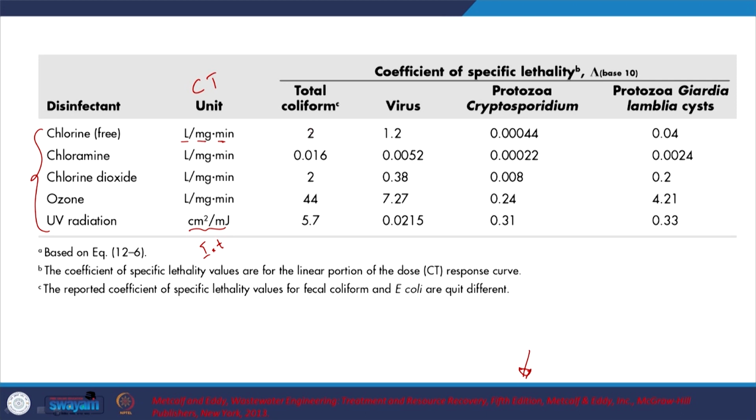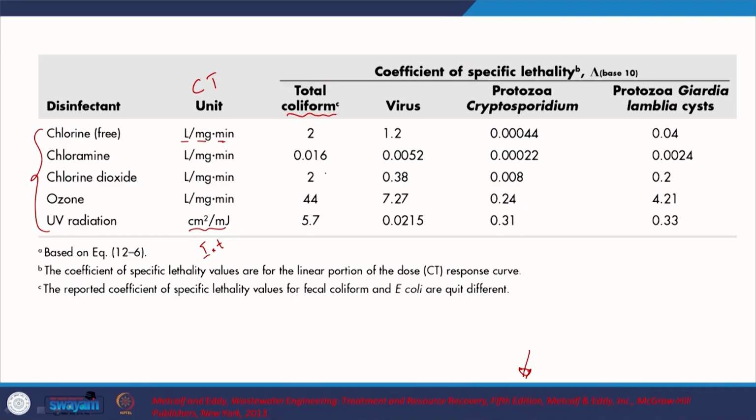Here we have different types of microorganisms of interest. Total coliform. When did we come across total coliform? I think we looked at this in the context of water quality. Total coliform will give us an idea about the quality of the water, in the sense that they are indicator organisms for microorganisms or pathogens that live in the intestines of warm blooded animals.